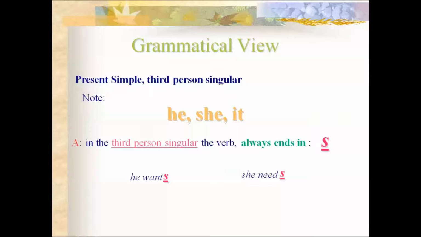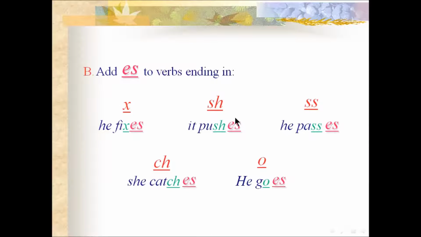In the third person singular, the verb usually needs an s at the end. For example, he wants, she needs. You see that? An s after the word want, and then another s after the word need. Here is x, sh, double s, ch.